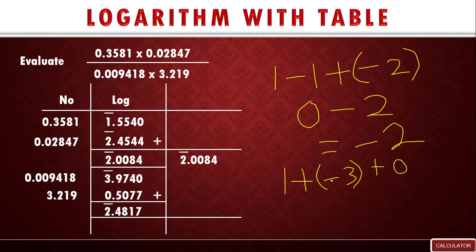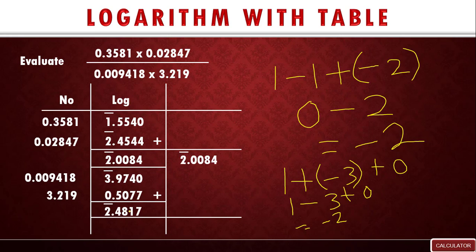That's plus times minus, which will give us minus, according to the law of mathematics: 1 minus 3 plus 0. So 1 minus 3 will give minus 2, plus 0 will still be minus 2. So to write this in characteristic form, it will be bar 2. That's the reason why we have bar 2 right here.